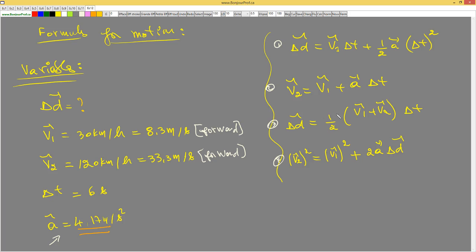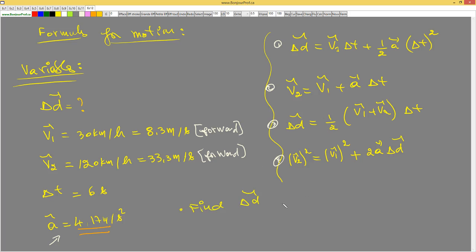Which formula are you going to use to find the displacement? The third one. We can use it, because we have V1, V2, and the delta T. So to find delta D, I'm going to use the third one.